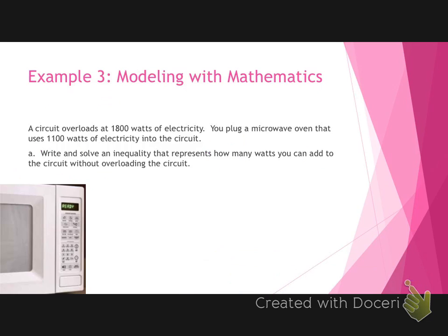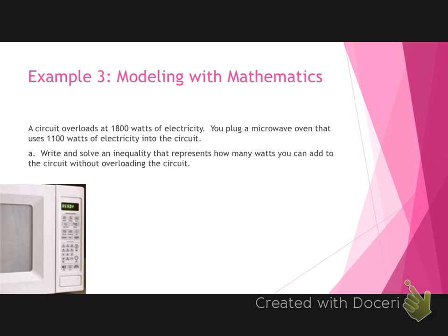So now let's look at modeling with mathematics. A circuit overloads at 1800 watts of electricity. You plug a microwave oven that uses 1100 watts of electricity into the circuit. Write and solve an inequality that represents how many watts you can add to the circuit without overloading the circuit.